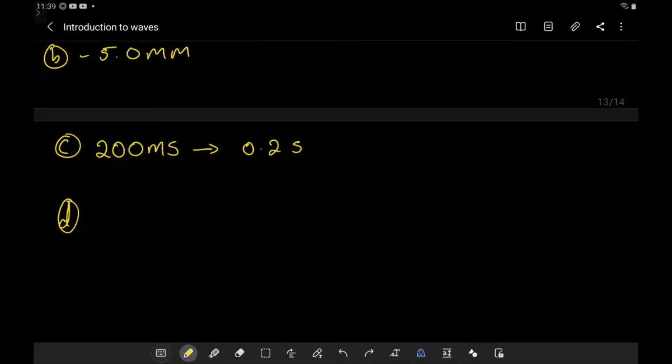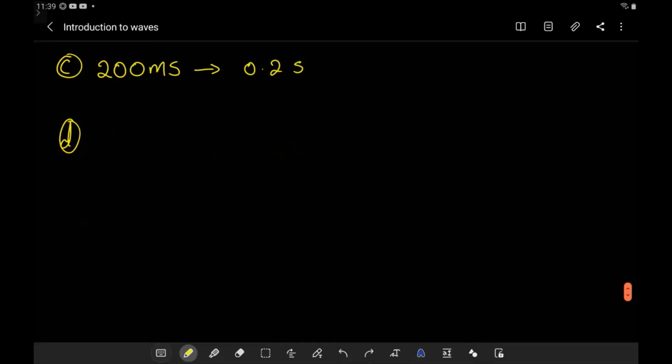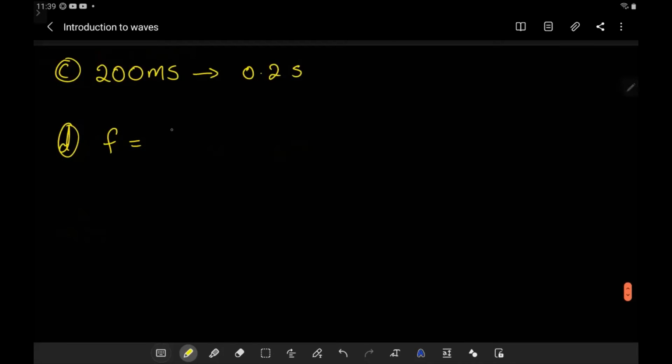The frequency is equal to 1 over T. So this is equal to 1 over 0.2, which is equal to how much? Well, it should be 5 hertz. Right, cool. This is 5 hertz.